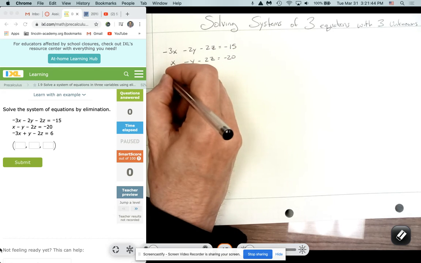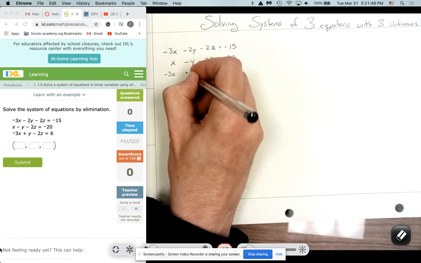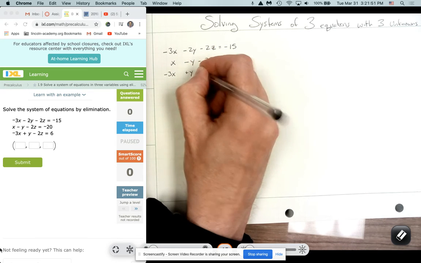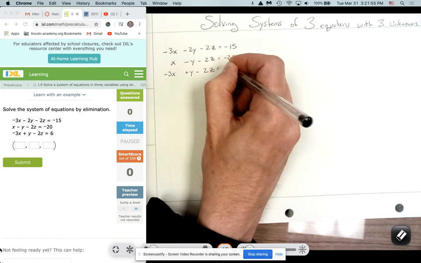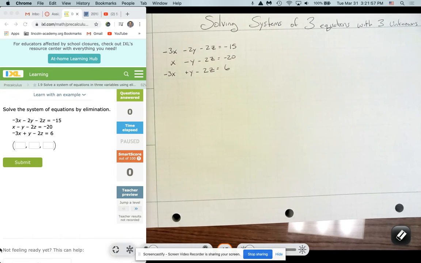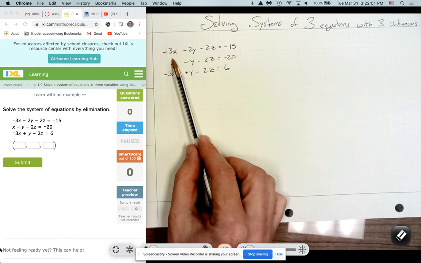And lastly, negative 3x plus y minus 2z is equal to 6. Now, the most important thing is to make sure you get these written down correctly, because if you've made a single mistake, you're going to spend a lot of time doing something that you shouldn't have.